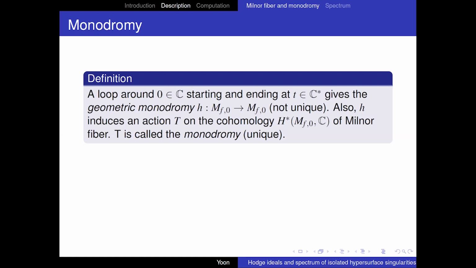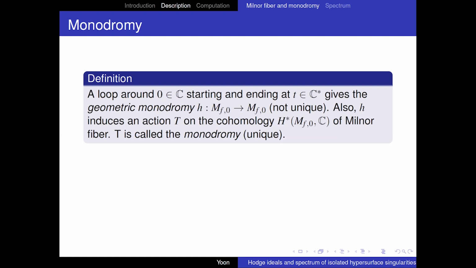Then you can think of the flow, and the Milnor fiber moves along this loop, and finally you return to the original one. But the map between these two, when you return to the original Milnor fiber, is not the same map. That is not the identity map.